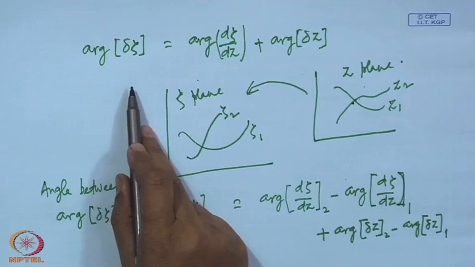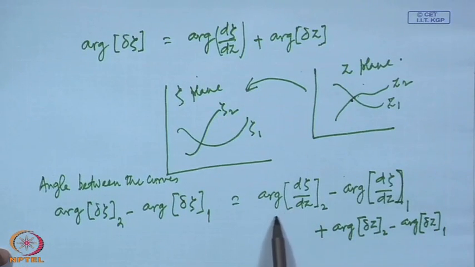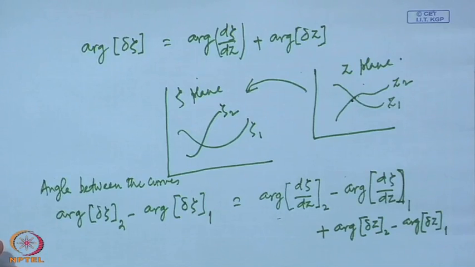That is, evaluating d zeta dz following curve z1 or following curve z2 should give the same result, by definition of an analytic function. So, for a transformation through an analytic function, these two terms cancel each other.